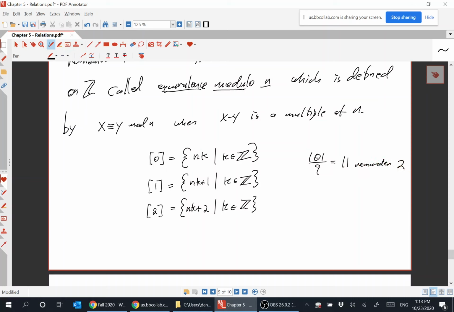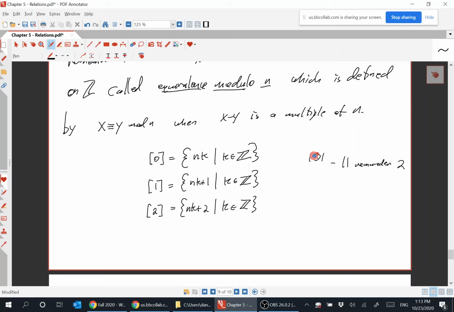Or 11.2222, depending how you want to do the division. But you can think of it as quotient 11, remainder 2. Bracket 1 is all the integers such that when you divide by n, you get remainder 1. Bracket 0, everything with remainder 0.